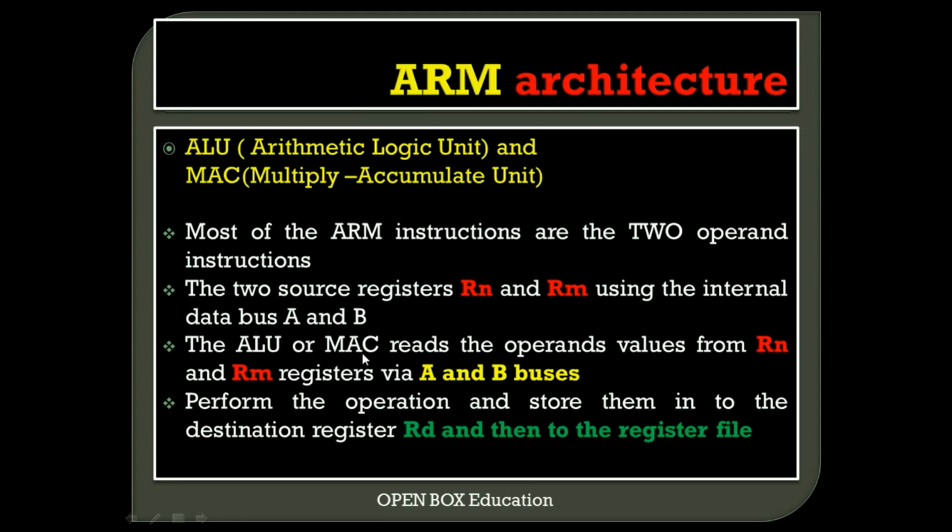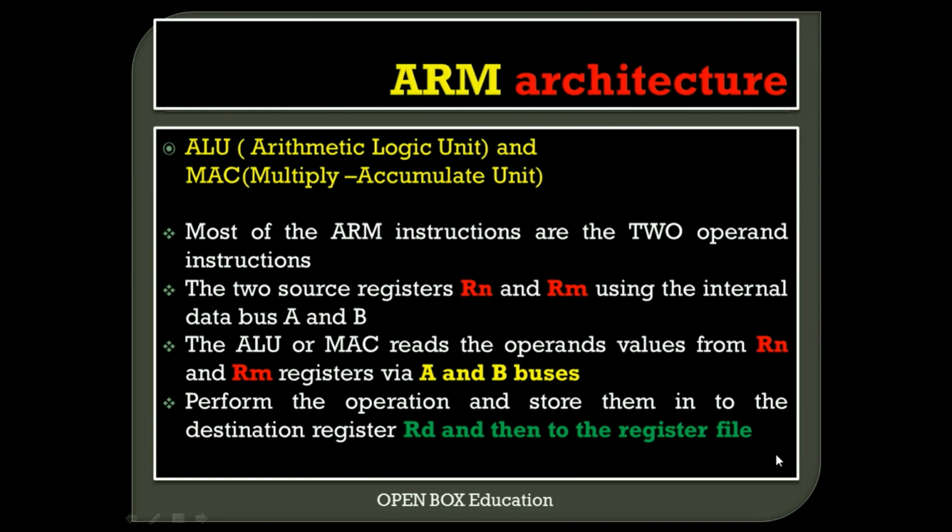The ALU or MAC reads the operand values from these registers, that is Rn and Rm, via the A and B buses, so that this ALU or MAC performs the operation and stores the results in the destination register, that is Rd, and from this then to the register file.